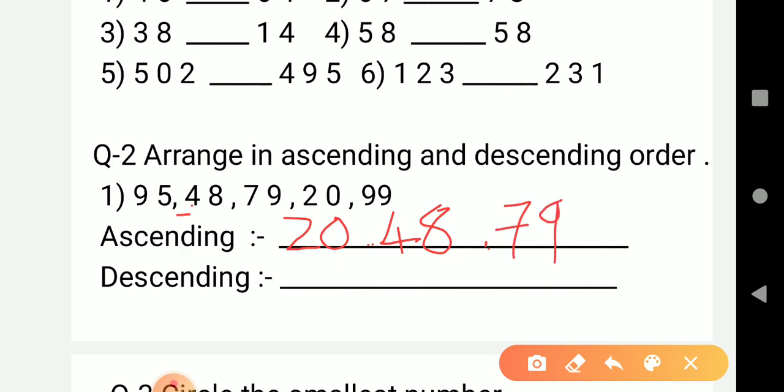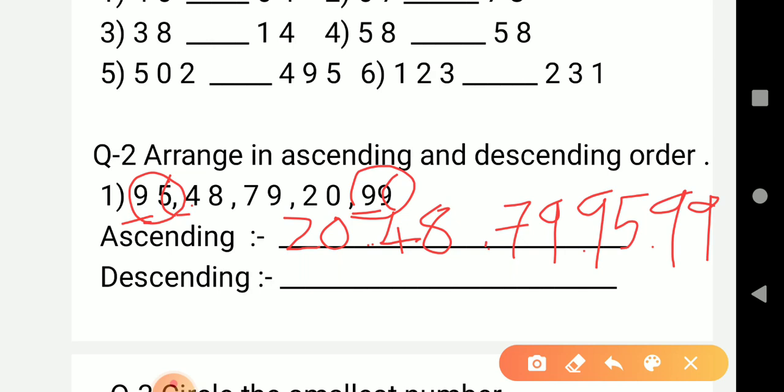If both the tens are the same, 9 and 9, then you have to compare the ones place. Okay, see, here 5 is smaller than 9, so we write 95 first and then 99.